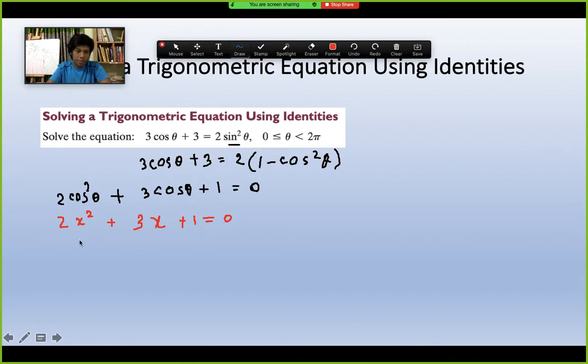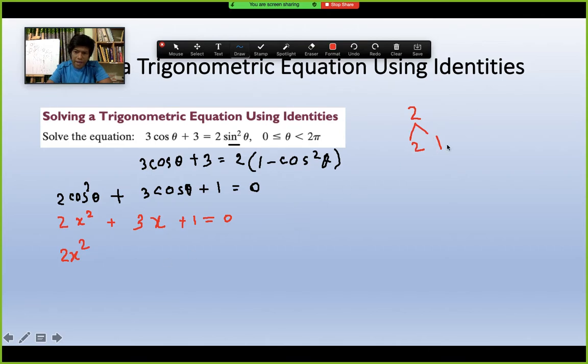intuitively solve the maths. So 2 cos squared theta becomes 2x squared plus 3x plus 1. If we do the middle term factoring, you will see that there is 2x squared and 1. So 2 into 1 means 2, and the factors of 2 are just 2 and 1, because 2 into 1 equals 2.